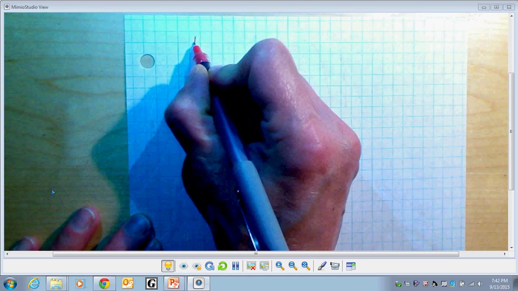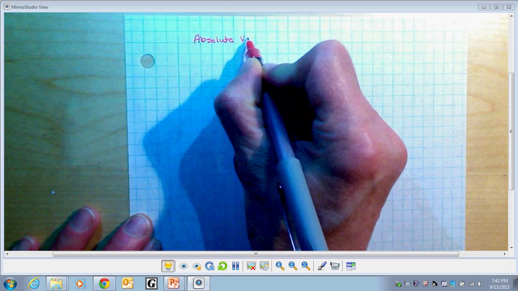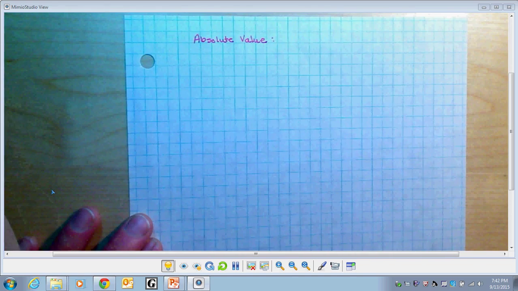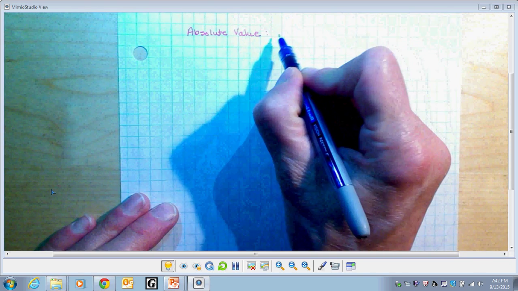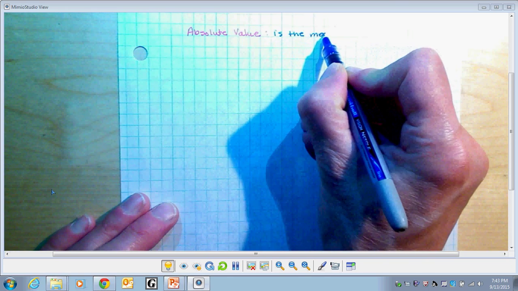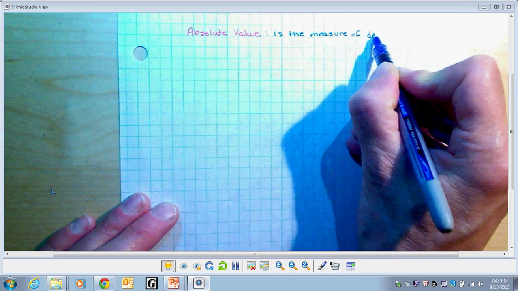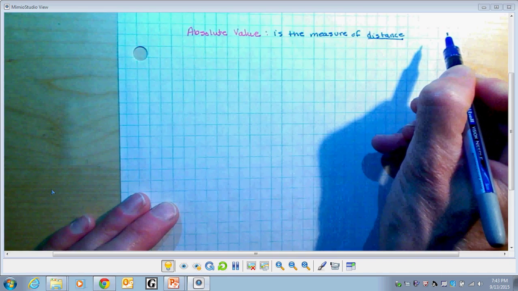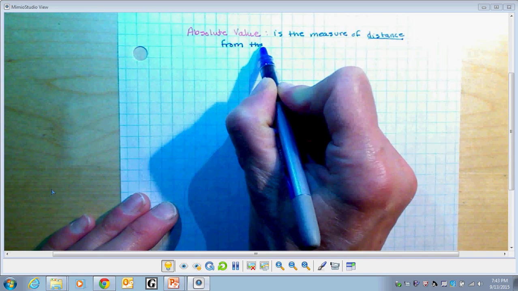Let's define absolute value. So absolute value is the measure of the distance from the ideal or the center. That word's important, distance.